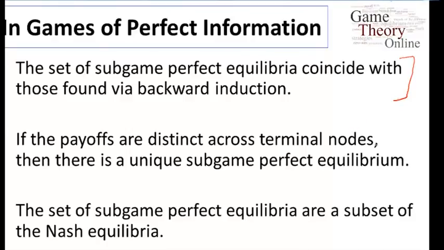If the payoffs are distinct across terminal nodes so that players are never indifferent, then there's a unique subgame perfect equilibrium, and that's found by the unique backward induction solution in that case. More generally, the set of subgame perfect equilibria is always a subset of the set of Nash equilibria. In some games, for instance the one we just saw, it's a strict subset. Sometimes they could coincide, but in some games it'll turn out that they're a strict subset, as we just saw in the previous example.